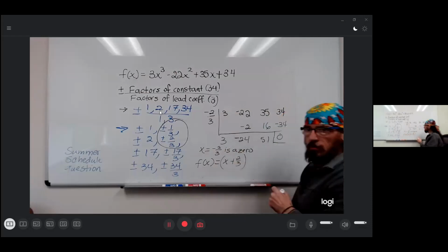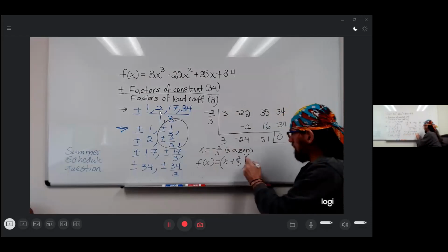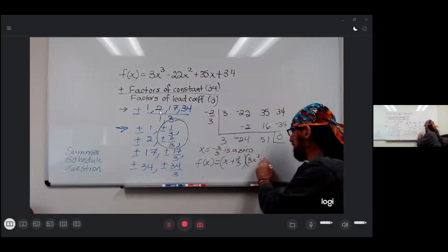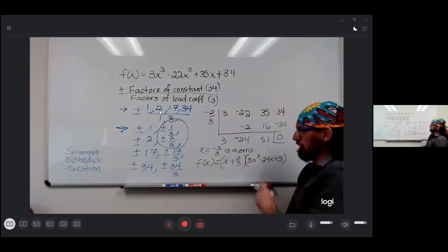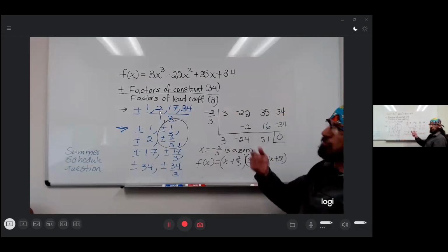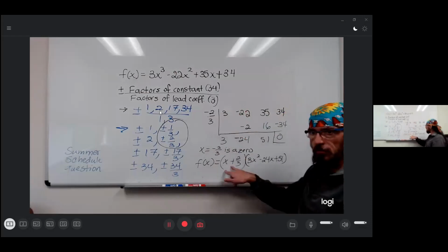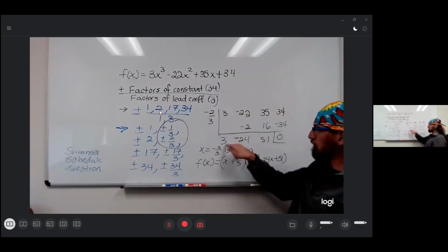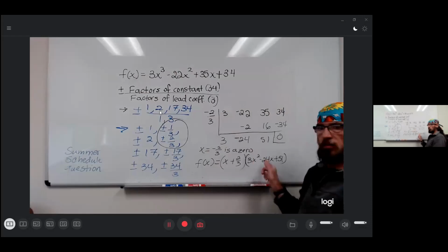That quantity, that's a factor, as is 3x squared minus 24x plus 51. We've divided a cubic, degree 3, by a linear, degree 1, and so those coefficients must start off in front of x squared, a quadratic. 3x squared minus 24x plus 51.